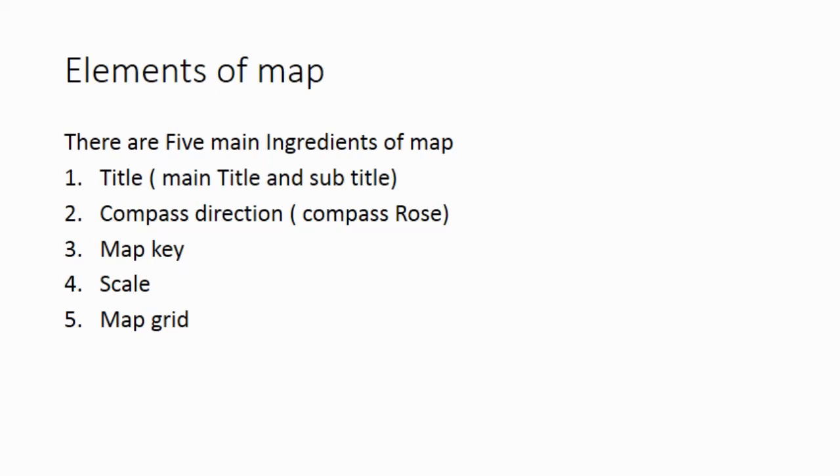So there are 5 main ingredients of the map. Number 1, title. Number 2, compass direction or compass rose. Simply we can say directions of the map. Number 3 is map key. Number 4, scale. And number 5, grids. Dear students, now we will discuss all these elements one by one, briefly.